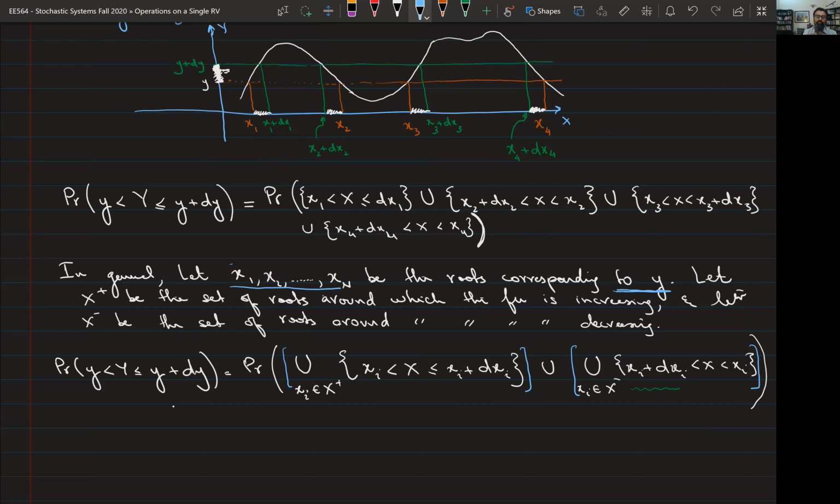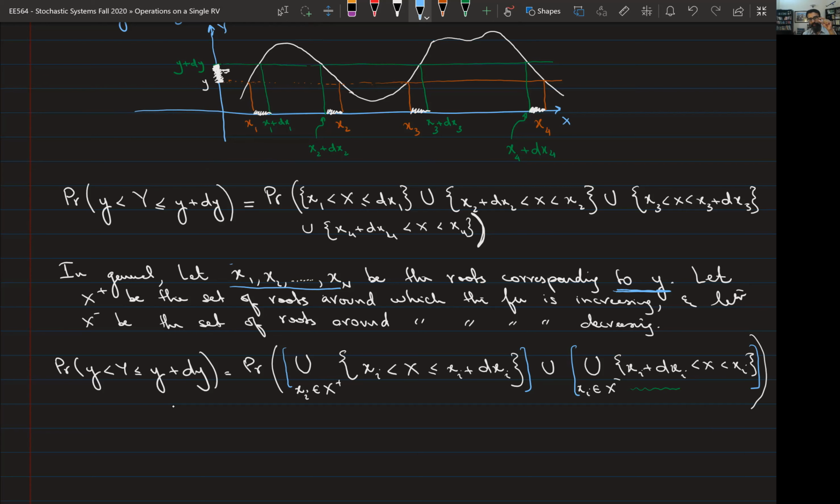Okay, so it's all about a mapping of events. You say, what x's could have resulted in this small y, right? And since we're now talking about an interval on the y-axis, we're just asking what values x could have taken for capital Y to take values within this interval.